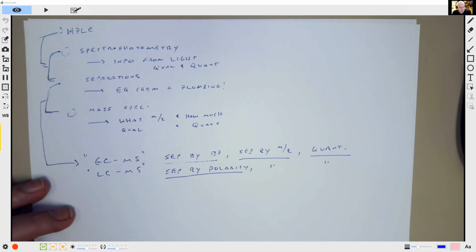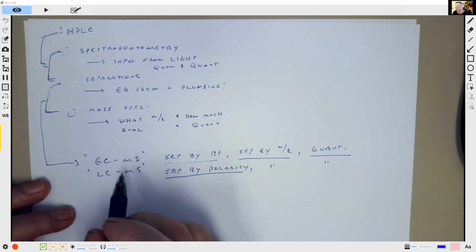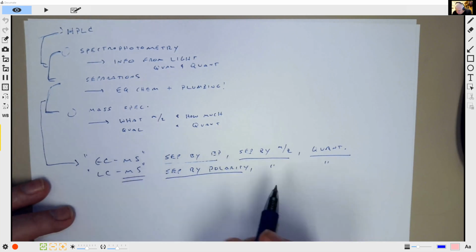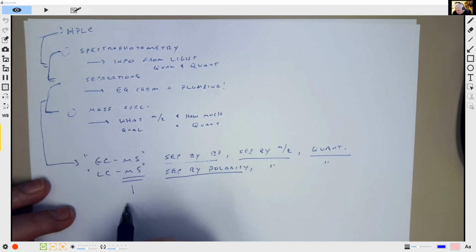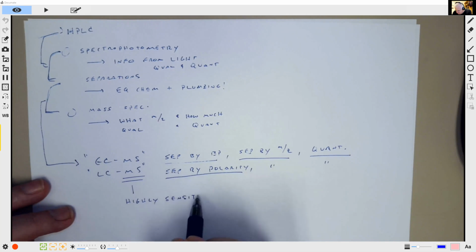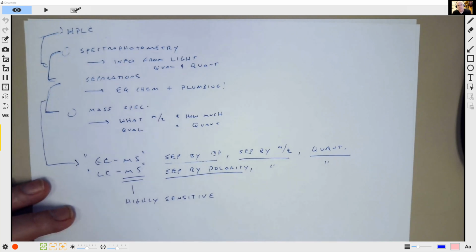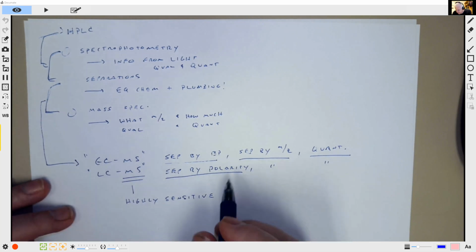And so these can be very nicely sensitive techniques. The mass spec part is highly sensitive. Whenever you create an ion and you measure it as charge, generally you get a very sensitive technique.